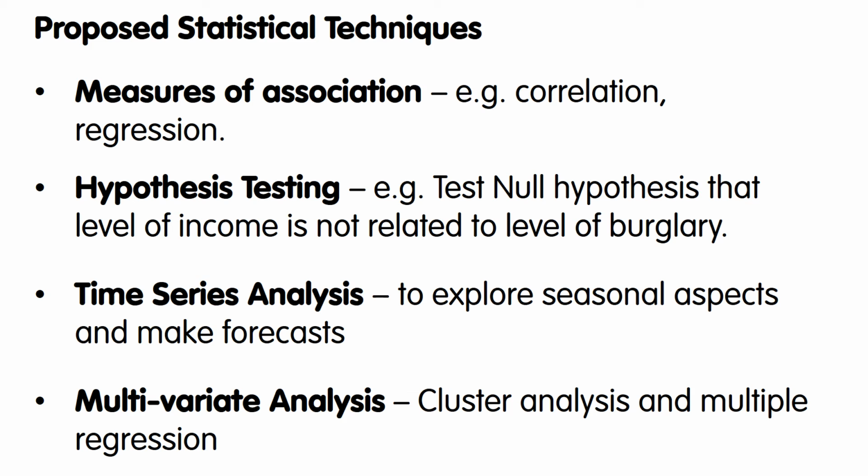A couple of examples of that would be cluster analysis to group neighbourhoods together on the context of broadly similar socioeconomic factors, and also using multiple regression to see the extent to which a variable such as crime can be explained or interpreted from a range of other socioeconomic factors, so you can use that for some modelling.